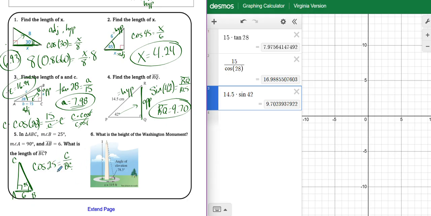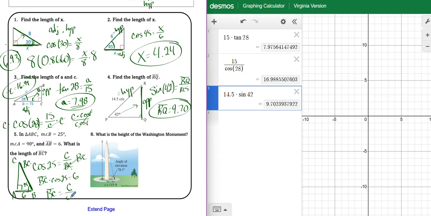So again, we can't just multiply over. We can't multiply that 6 over because it's in the numerator. So really, we're going to follow this process. We're going to multiply by BC on both sides. So BC times cosine of 25 equals the 6, the only thing left over there, and then we'll divide by cosine of 25 on both sides.